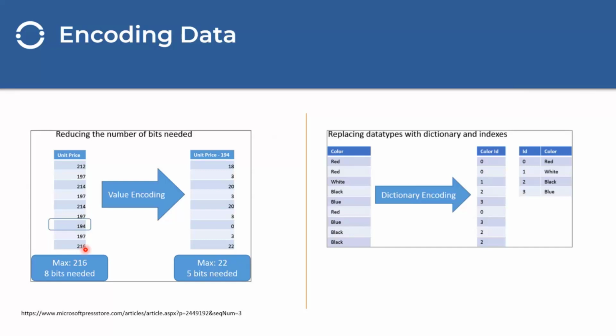So this is only a difference of 22 values. So if we just store 22 values, which is 5 bits per row, and then we store a base value of 194 and just say everything is 194 plus whatever that stored value is, I can store a lot more data in significantly less space.